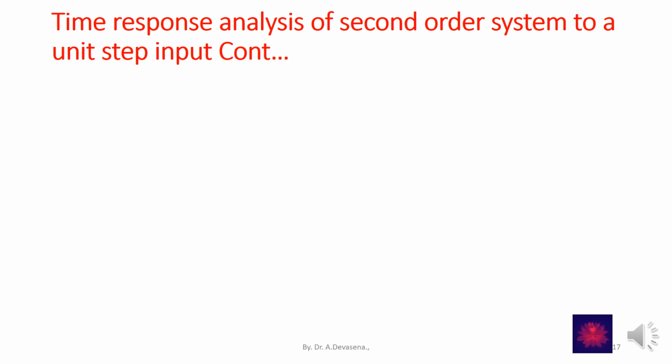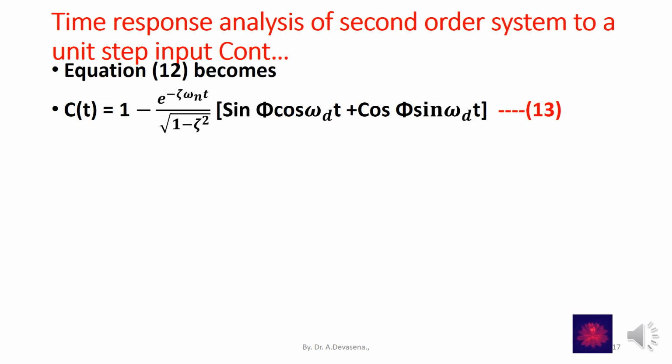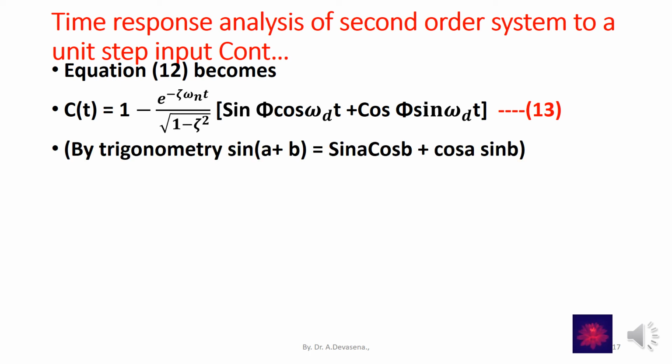Equation 12 becomes c of t is equal to 1 minus e power minus zeta omega n t divided by square root of 1 minus zeta square, open bracket, sin phi cos omega d t plus cos phi sin omega d t, close the bracket. Consider this as equation 13, because we have substituted the values of sin phi and cos phi in equation 12. By trigonometry, we know that sin of a plus b is equal to sin a cos b plus cos a sin b.